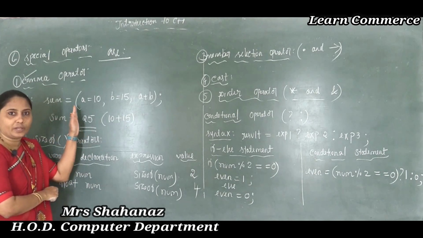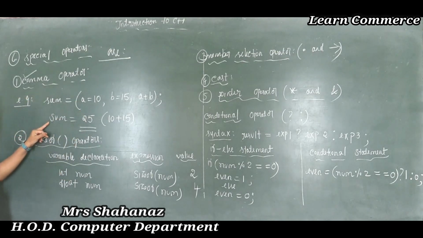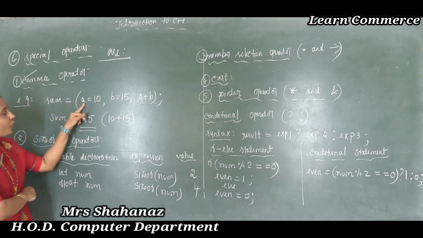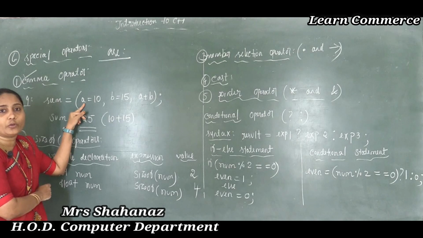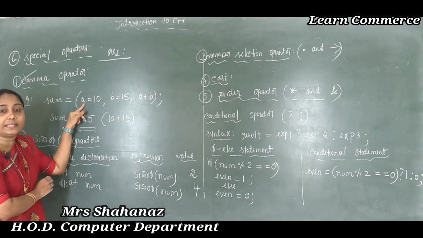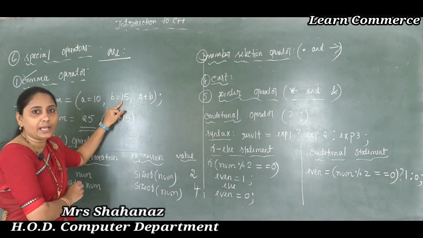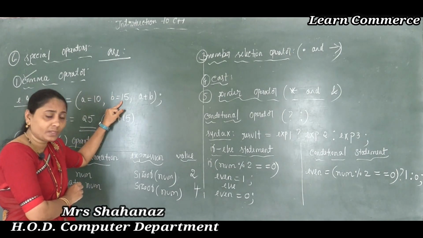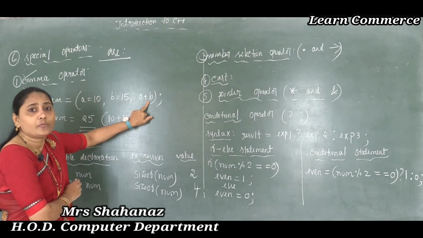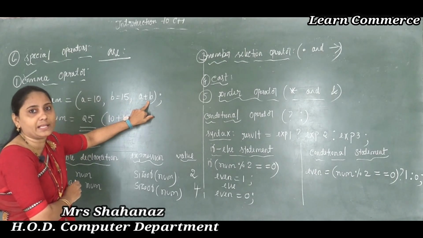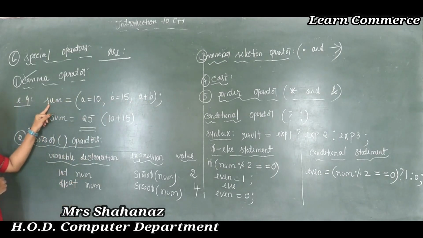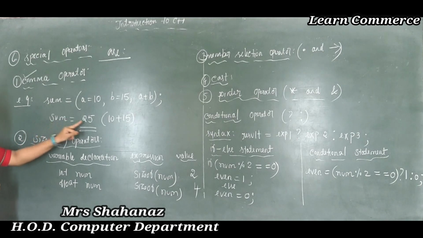So in this example, first we assign 10 to the variable a, and second, 15 is assigned to the variable b, and finally the value 25 is assigned to the variable sum. So we can say that the sum value is equal to 25.